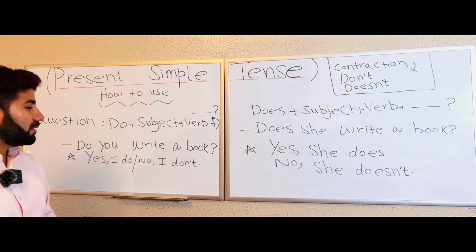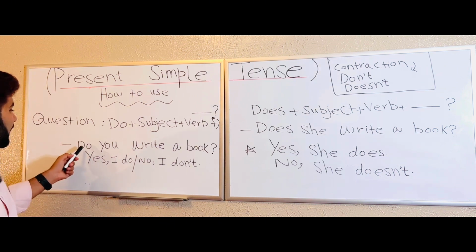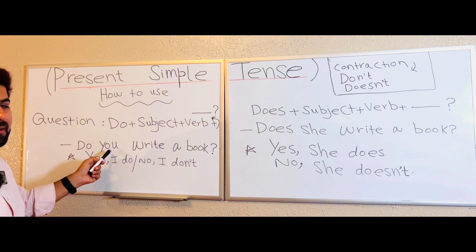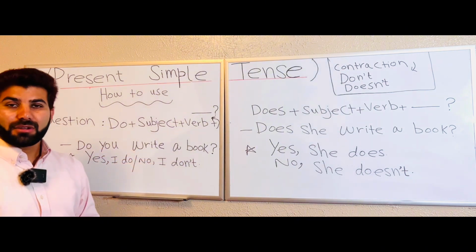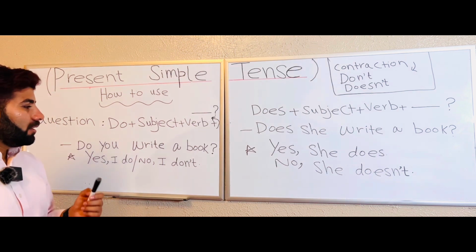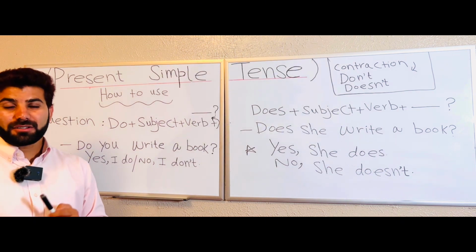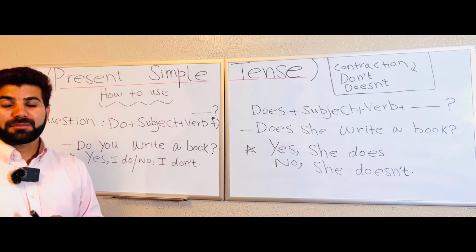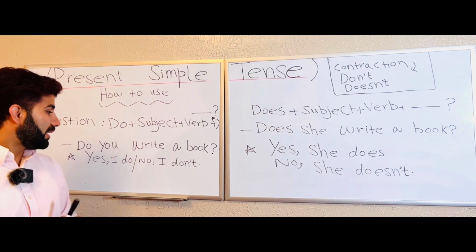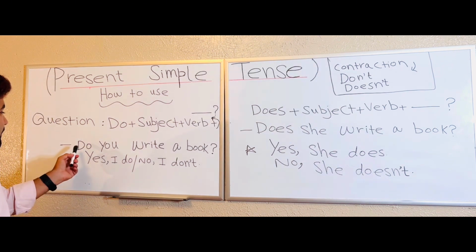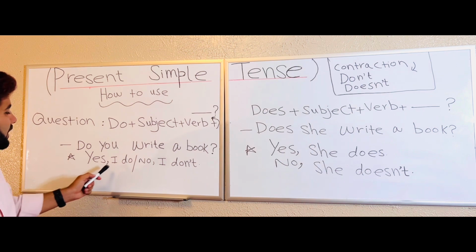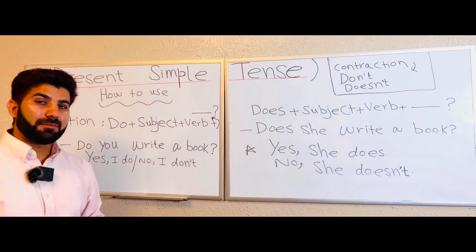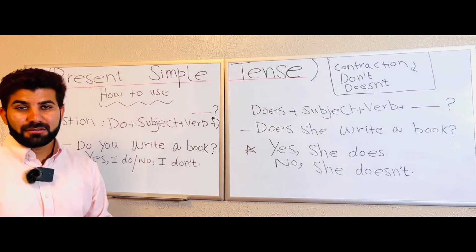In this sentence, we brought do to the beginning of the sentence and then added the subject, then the verb, and then some extra information or object. So we need to give a short answer in the simple present tense. In this question, we say, do you write a book? The short answer is, yes, I do. If that person is writing a book, we'll say, yes, he writes a book.